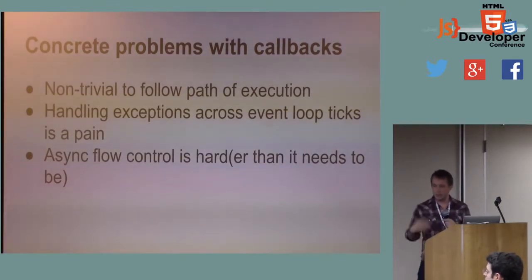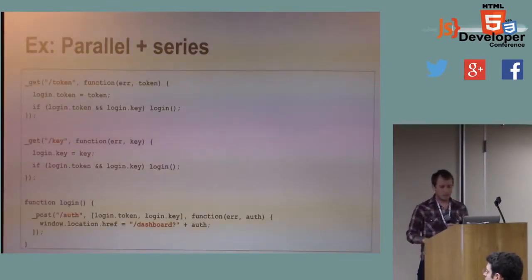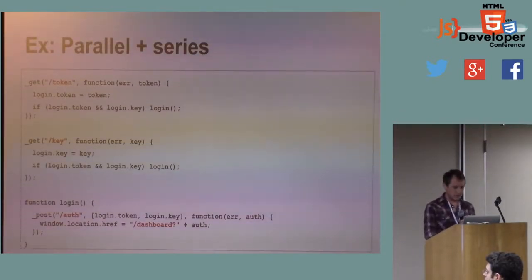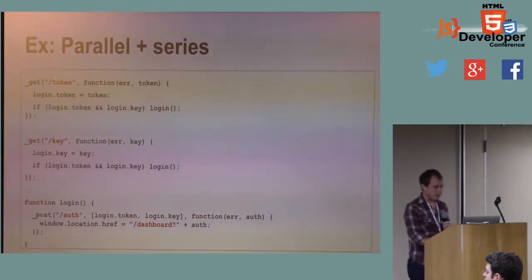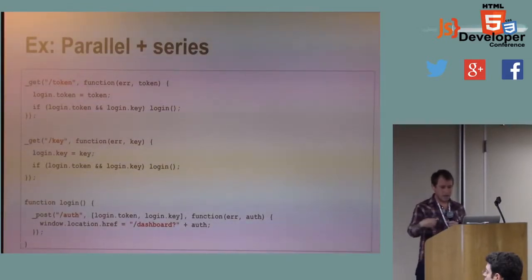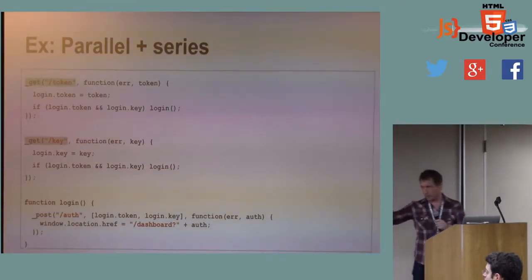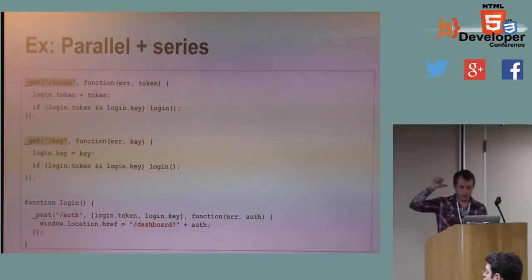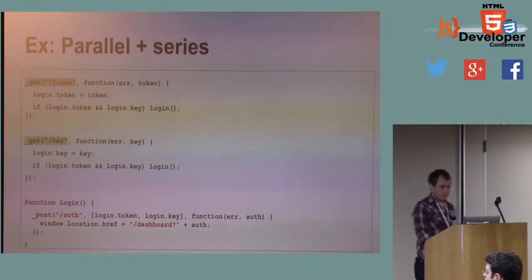Okay, third gripe, async flow control is kind of a pain in the world of asynchronous callbacks, especially if you want to mix things that run concurrently with things that run in series. So this is just a vanilla JavaScript example of us doing two things at the same time, and then when their results come back, we're going to do some things in series. I'm going to make two asynchronous HTTP requests to get a token and get a key.